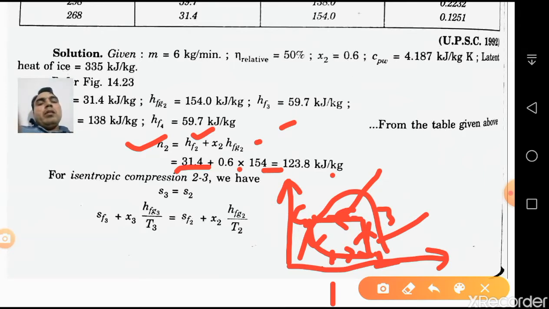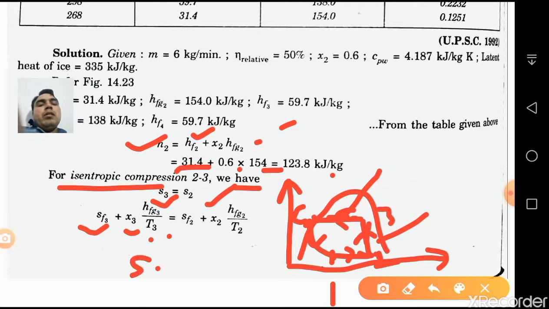So 2 to 3 is an isentropic compression process, S3 equal to S2, and S3 equal to SF3 plus x3 times hfg3 divided by T3, that is SFG3.